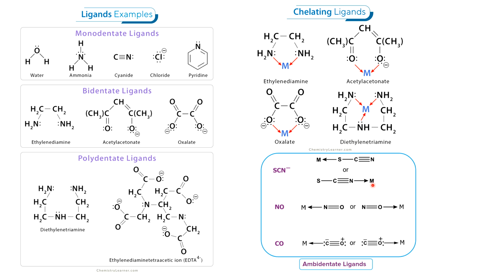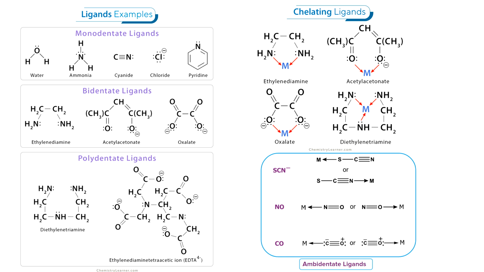Both cannot bond at a time, because it would form a three-membered ring, which would be a very strained ring. So it is called an ambidentate ligand, bonding either through S or through N. Similarly, NO2 is also called an ambidentate ligand.